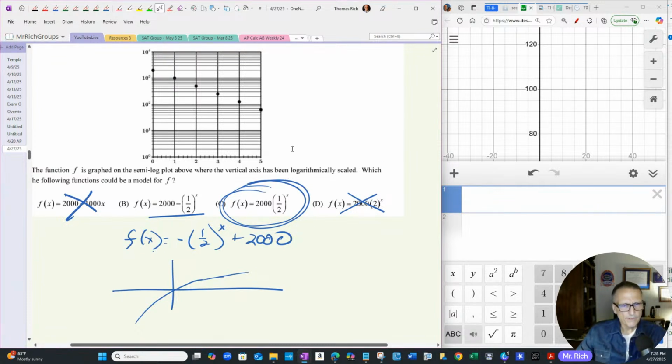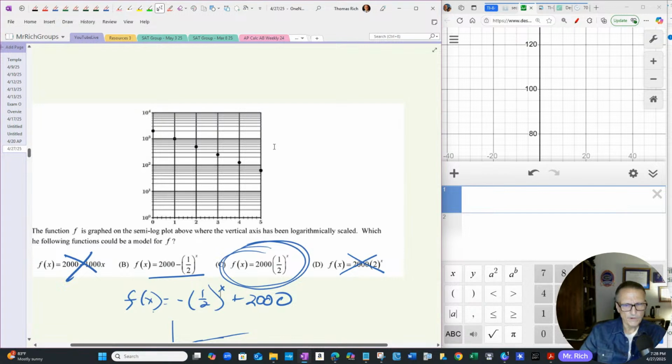Now, one of the things that you can do to check your answer, if you're in between on these two answers, is take a look at a point right here. This tells me that when x is equal to 2, we have plotted the point 100, 200, 300, 400, 500.